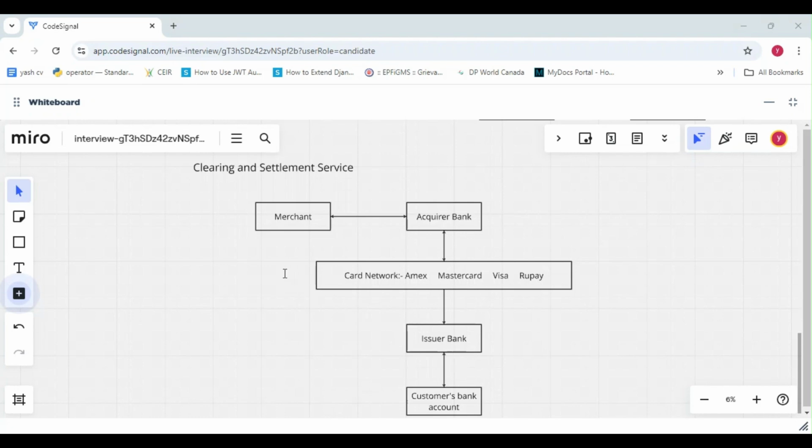We can discuss the functional requirements and non-functional requirements first. We are creating the system design of the payment gateway, because I'm confusing payment gateway and payment system architecture, so let's call it payment gateway only.